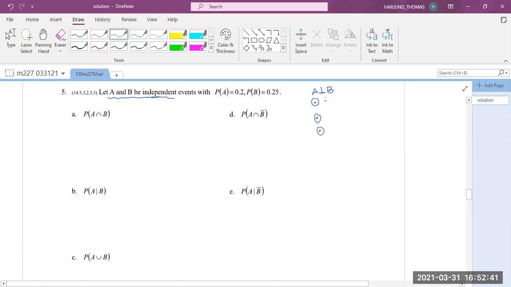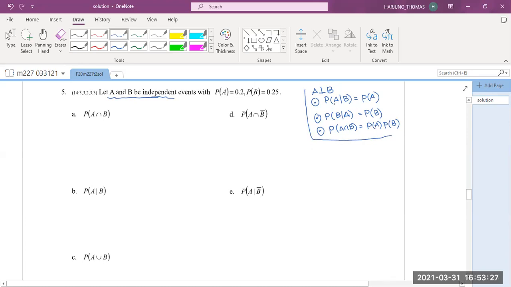That is, the probability of A to happen knowing B happened is equal to the probability of A happening regardless of anything about B. It's like knowing B happens doesn't tell us anything more or less about A. Likewise, the probability of B given A is equal to the probability of B regardless of A. And the probability of the intersection, therefore, is the probability of A times the probability of B. If 2 events are independent, this happens automatically.